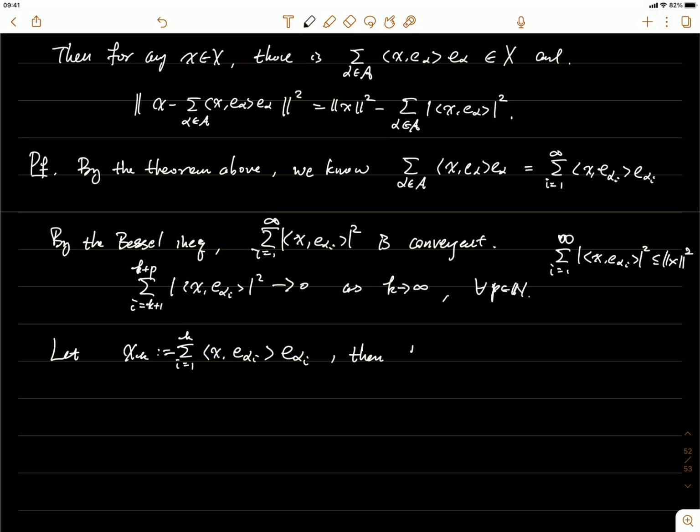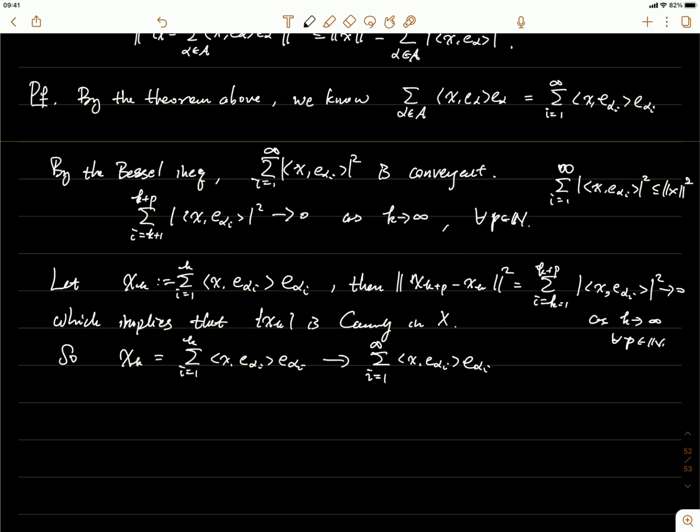So x k is this sum from i equals 1 to k of x, e alpha i, e alpha i, and we know that's going to approach, according to that definition, this sum of x, e alpha i, e alpha i. Okay? And this we know that it is in X.